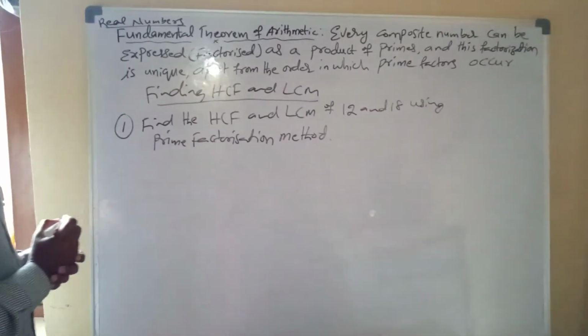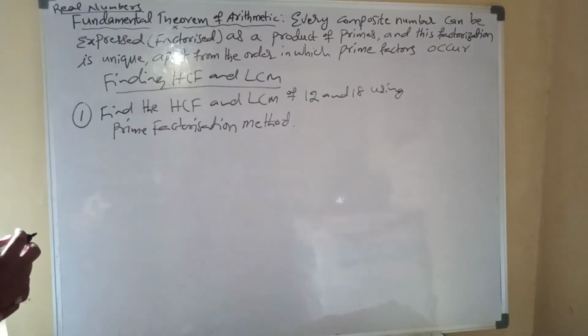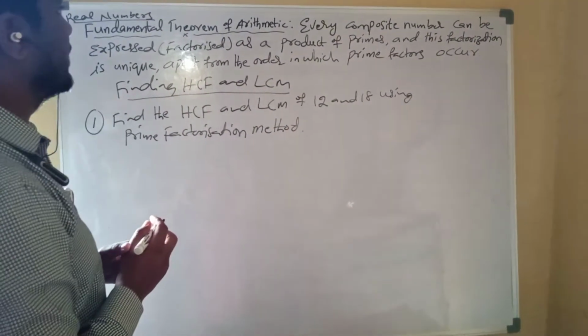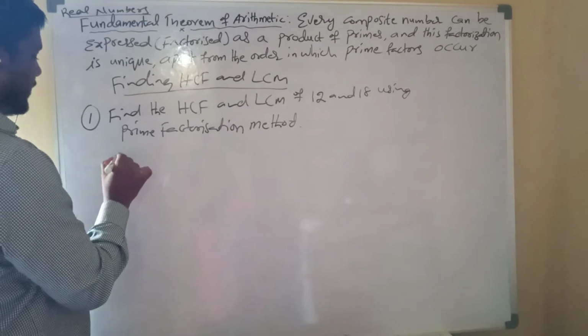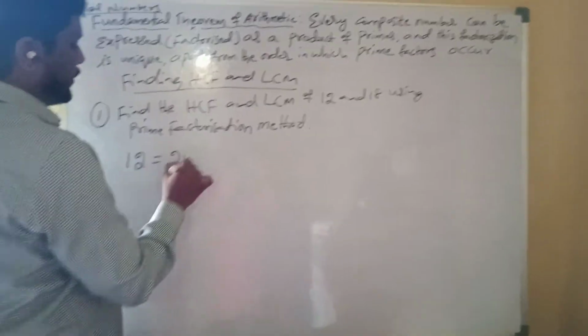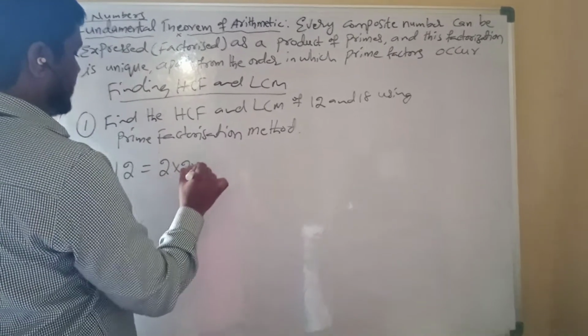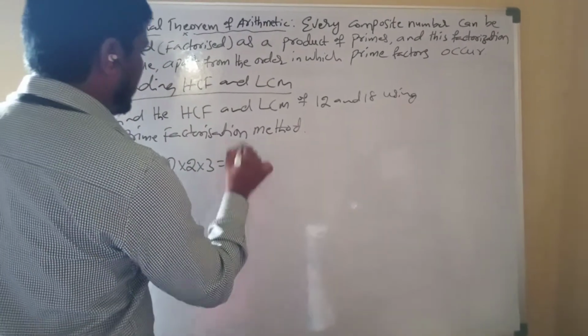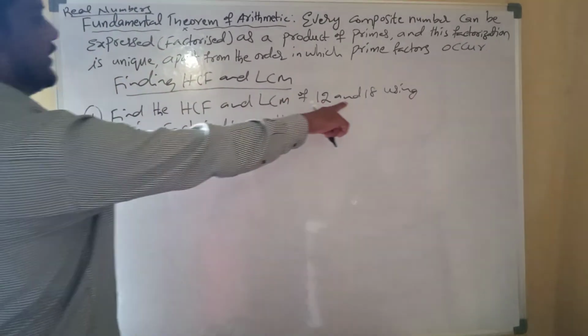Prime factorization. We already know how to write numbers as a product of primes. That is the fundamental theorem of arithmetic. We can write 12 is equal to 2 into 6, that can be written as 2 square into 3, and the given number is 18.